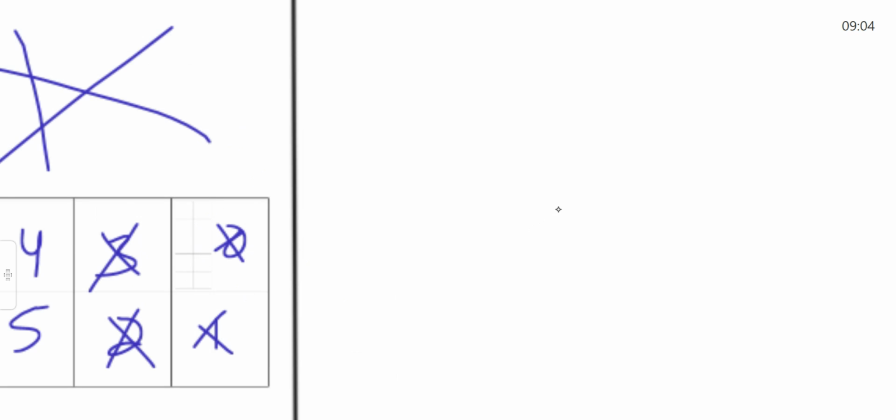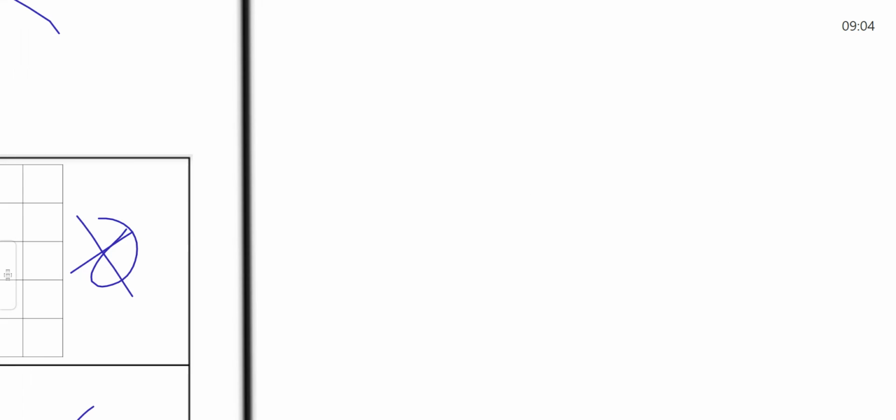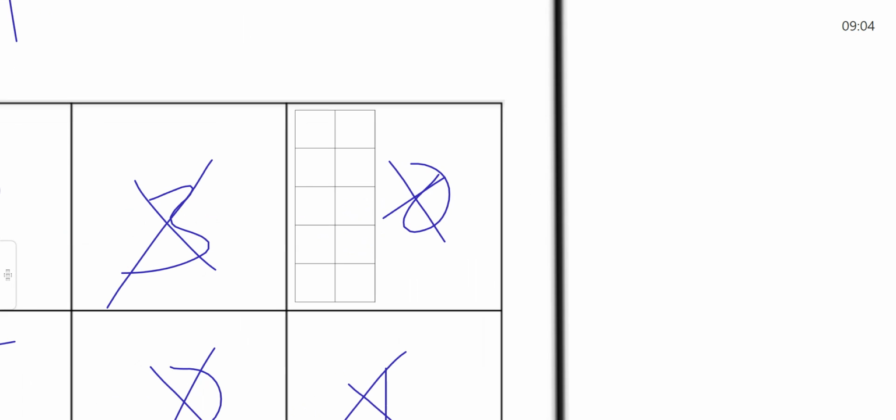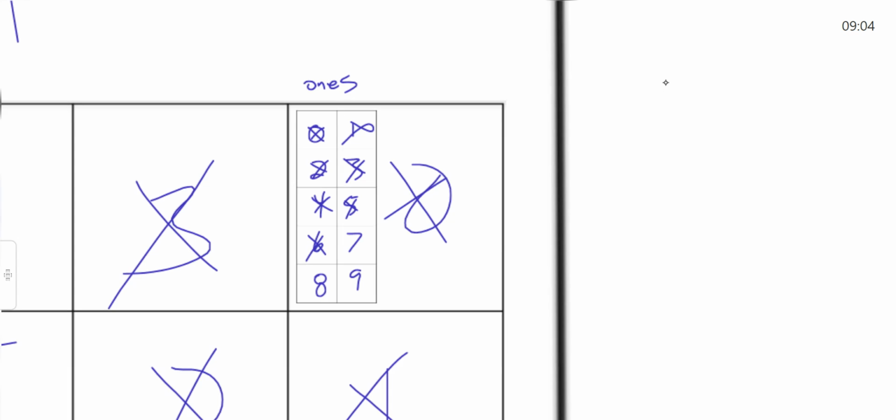We can zoom in further. And here we have our ones place. And we said we had 6. Once again, 3 more before we are full. We could zoom in even further, even though I don't have a 10 frame in here.